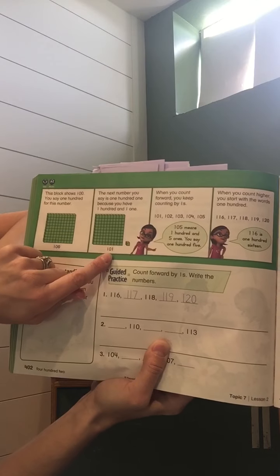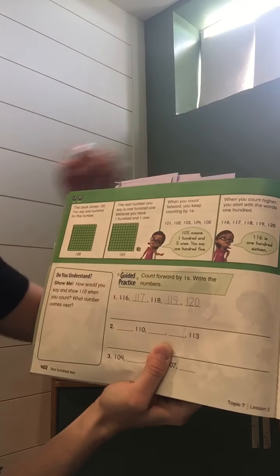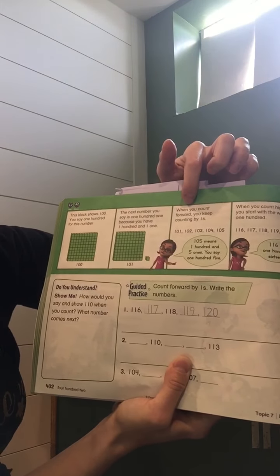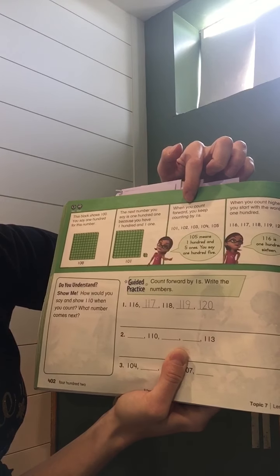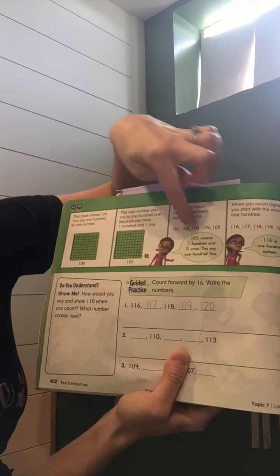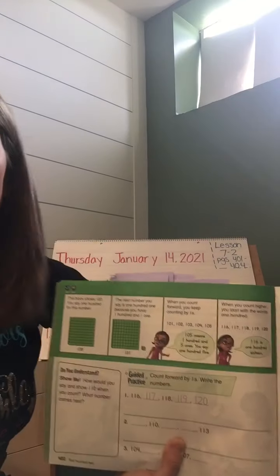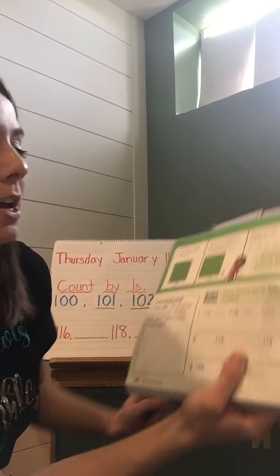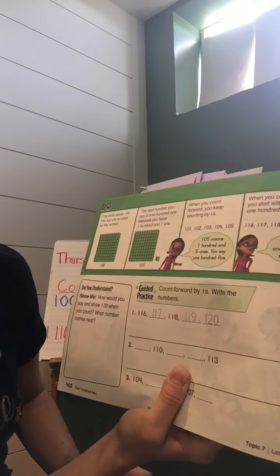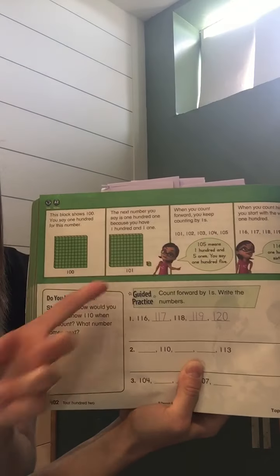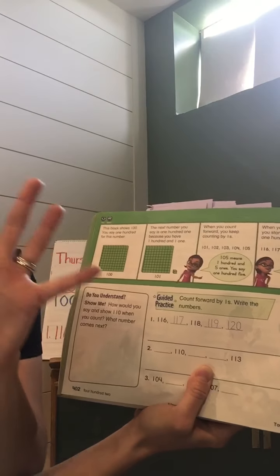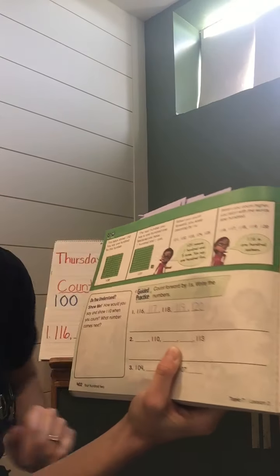So they have 101. When you count forward, you keep counting by ones. They went all the way to 105, just like we did on our chart. Now 105 means 100, one big block, and 5 ones.